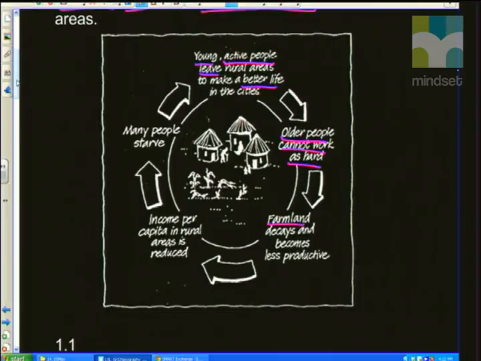The farmland decays and production also decreases, becomes less productive. The income per capita in rural areas is reduced, especially seeing as some of your services and shops will have to close down. And because we don't have a productive farmland anymore, many people are going to starve. Let's have a look at the questions.